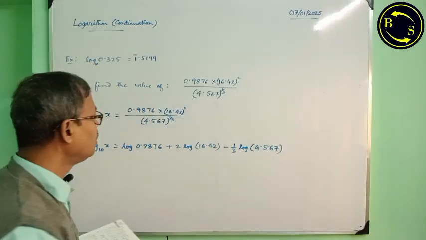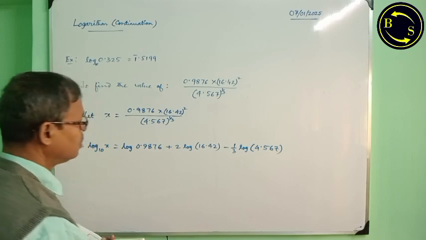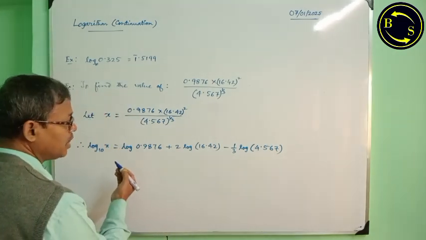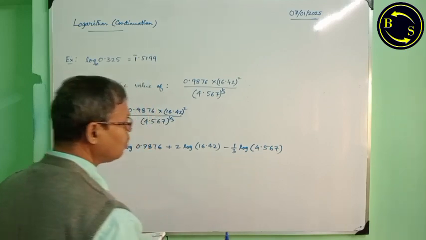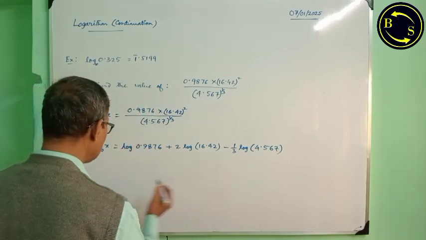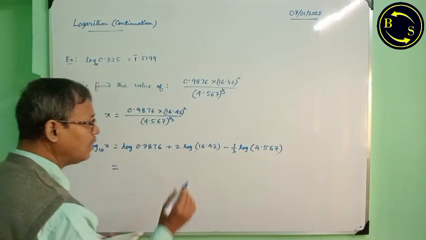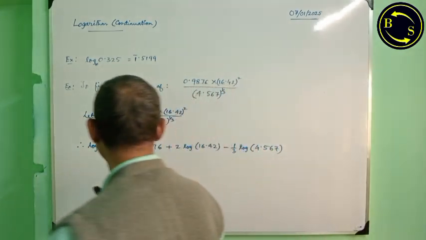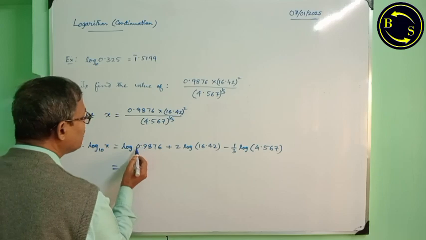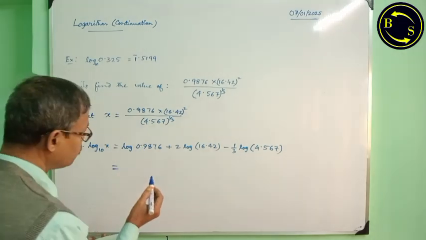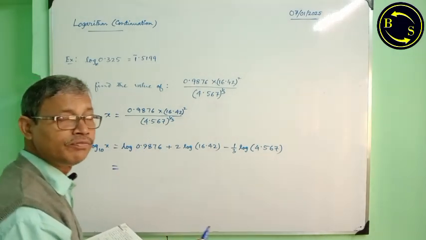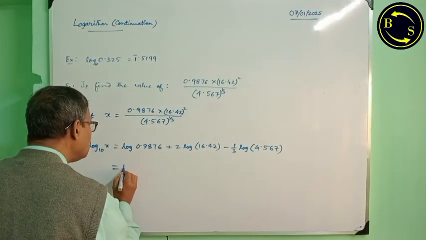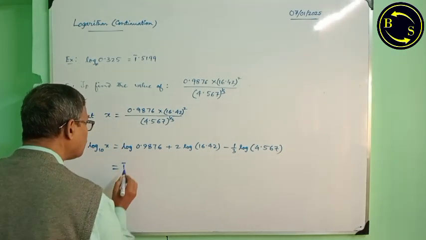After taking the log, we have applied the operation log, and after that we have applied the formula related to log, then we get this one. Now we calculate the value using log table. For the first one, there is no digit before the decimal point, also after the decimal point a non-zero digit, therefore it will be 1 bar.